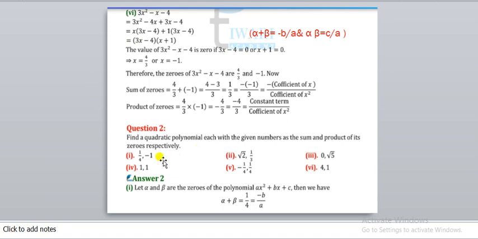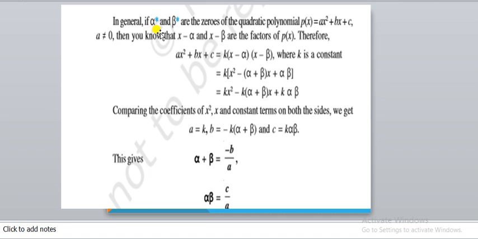Before proceeding to this, let me explain one thing we have seen in question number 2, quadratic polynomial. Alpha and beta are the two zeros of the quadratic polynomial ax square plus bx plus c, where a should not be equal to 0. Then we can write x minus alpha and x minus beta as the factors.